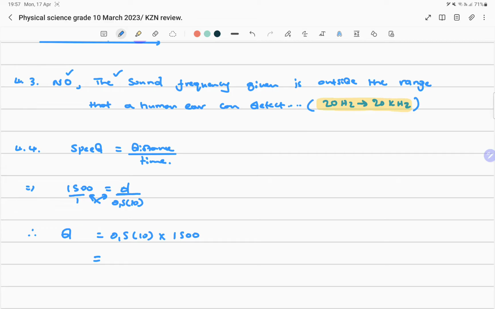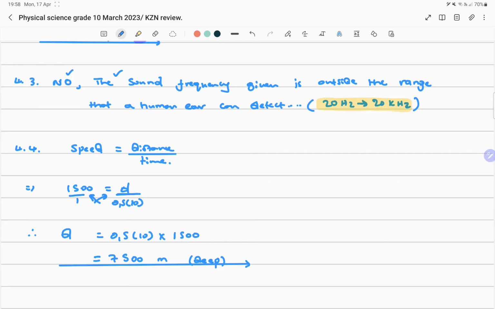So 0.5 into 10 into 1500 gives us 7,500 meters deep. Okay. So that is the story. That is the depth of our sea.